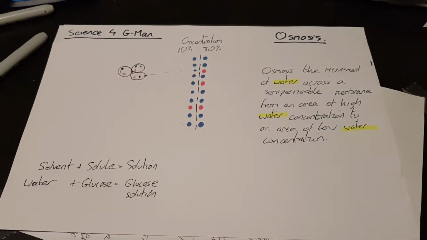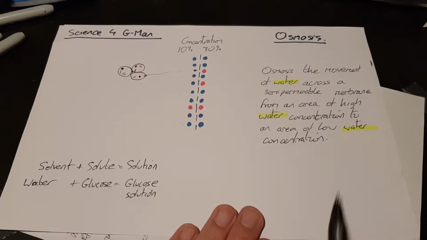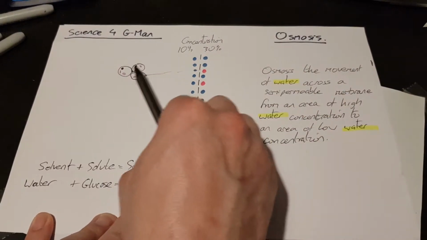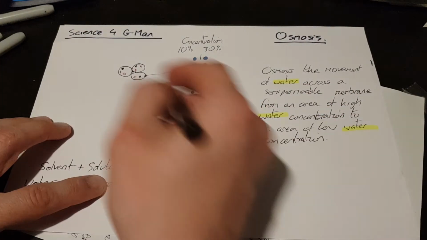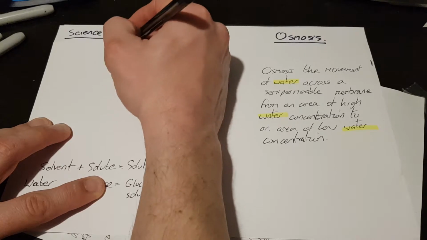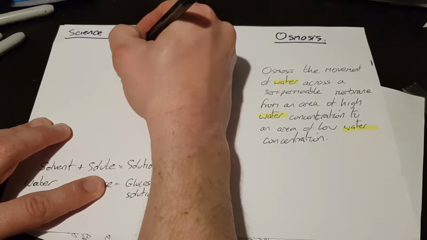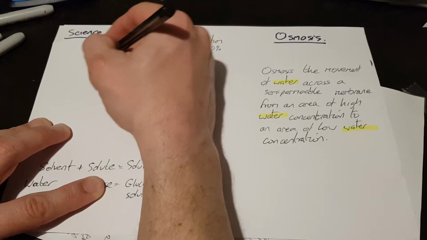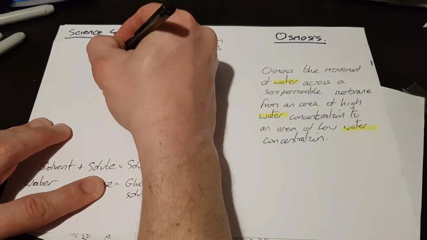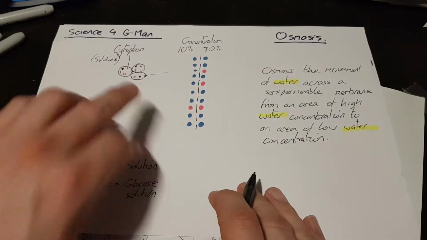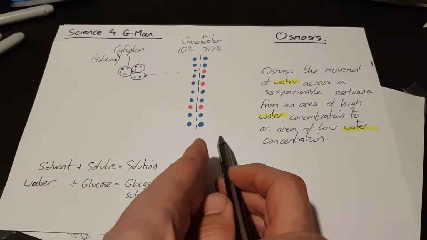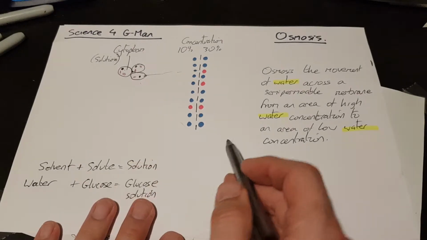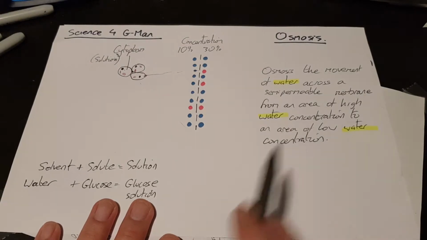So hopefully you're seeing how all of this fits together. We're thinking about osmosis. Remember, the movement of water. We've got this idea that inside our cells we have water. Inside our cell here, this is the cytoplasm, which is a solution. So anyway, we've zoomed in, we're just thinking about osmosis, which is the movement of water from a high water concentration to a low water concentration.